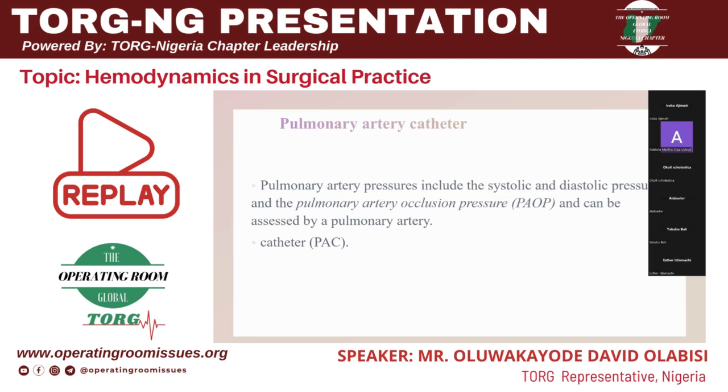Pulmonary occlusion pressure is also known as wedge pressure, wedge pulmonary pressure, and can be assessed by a pulmonary artery catheter.